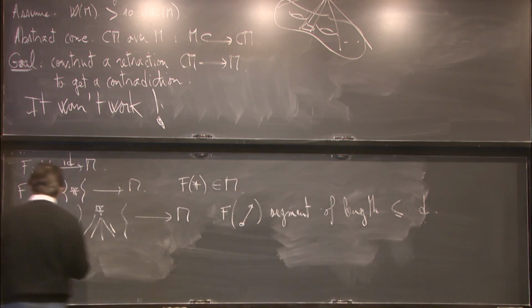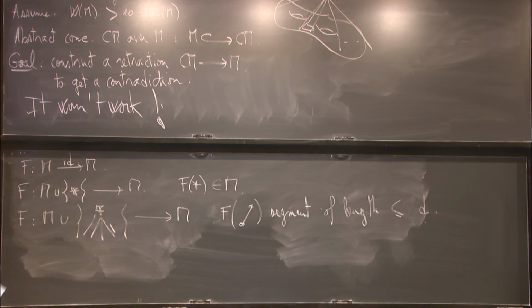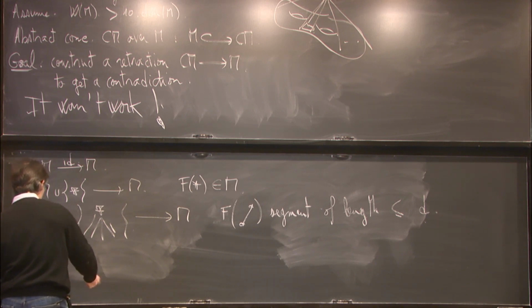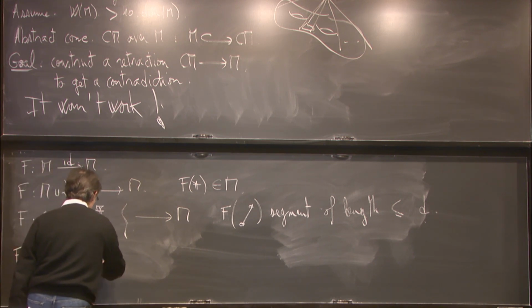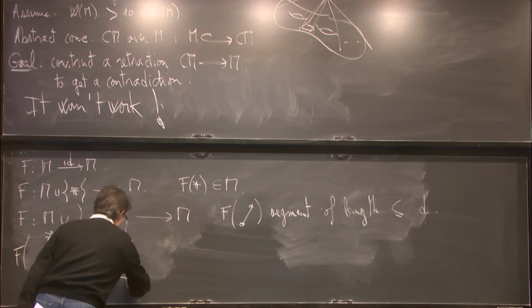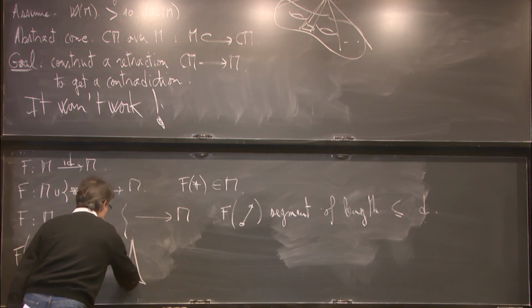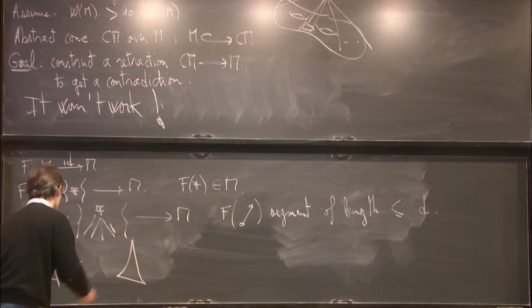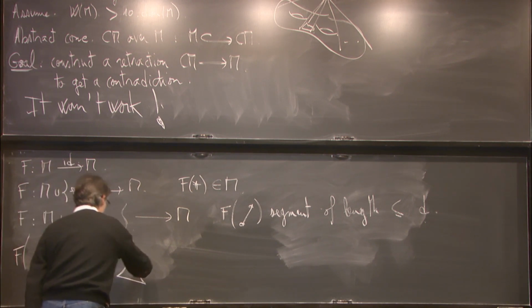Then you look at the two-dimensional simplex from the vertex of the cone. The image is kind of a geodesic triangle.